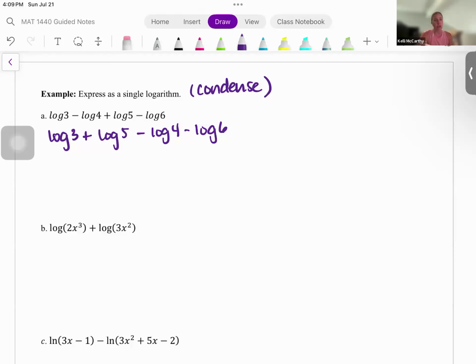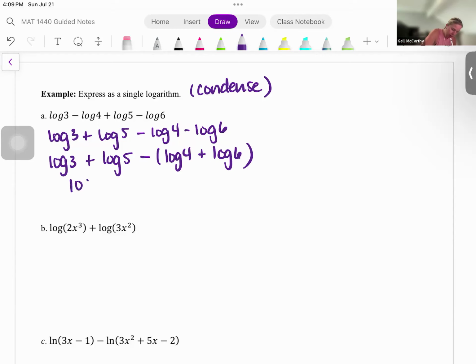Looking at those last two terms, because they both have a factor of -1, we're going to factor that out. So we're kind of going to undo that distribution that we were using in the previous examples. So log of 3 plus log of 5 minus (log of 4 plus log of 6). Now we can condense using the product rule.